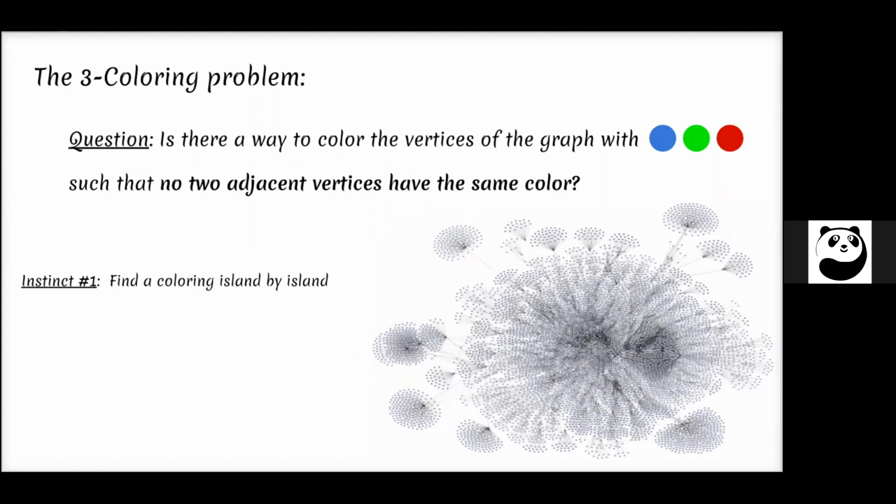The issue is everything might work until the last annoying island, which, although it was colored correctly in isolation, you couldn't find a way to connect it to the rest of the graph without violating the constraint. So you try a different coloring for that one item, which fixes the problem. Except that now that island has a conflict with another, and so on.